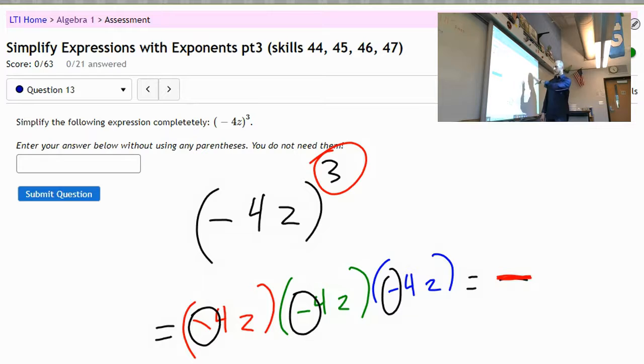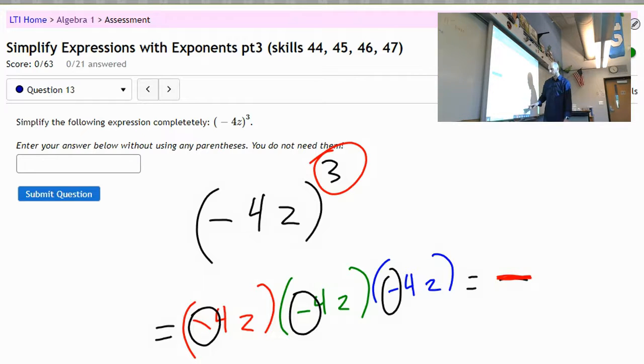If this problem were different and I was raising -4z to an even exponent, then I would have a negative times a negative is a positive, and then there'd be another negative times a negative is a positive. That gives me an even number, because they're always going to pair up and give me a positive answer. So an even exponent will always give me a positive answer, but I have an odd exponent, negative answer.